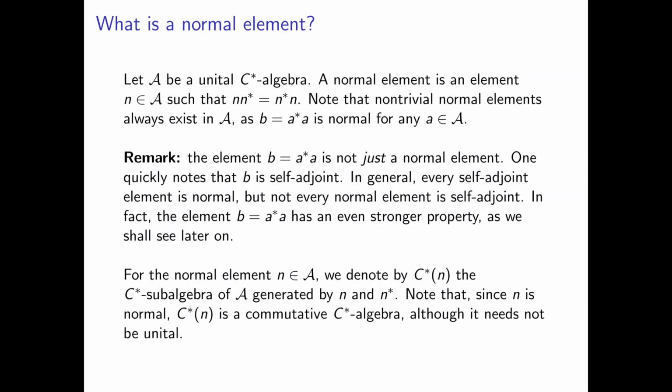And then one thing we note is that it's not generated by the unit element. So even though this C star n is obviously a commutative C star algebra because n and n star commute, it doesn't have to be unital because the unit does not have to be part of the generators, and if n is not invertible, then the algebra is not going to be unital in general.